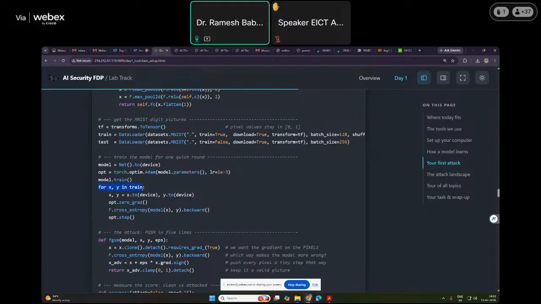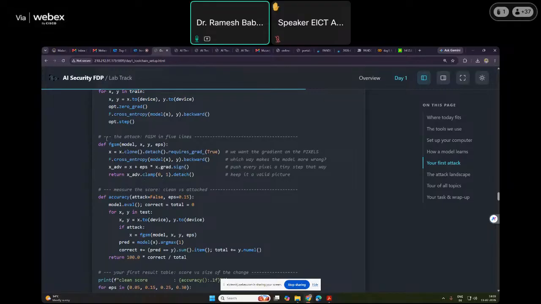Then this is a loop for your training. It operates batch by batch. What this loop does is take your input and the labels, feed them into the model, calculate the loss and the gradients, and repeat this process iteratively inside this loop. So this is the training component.